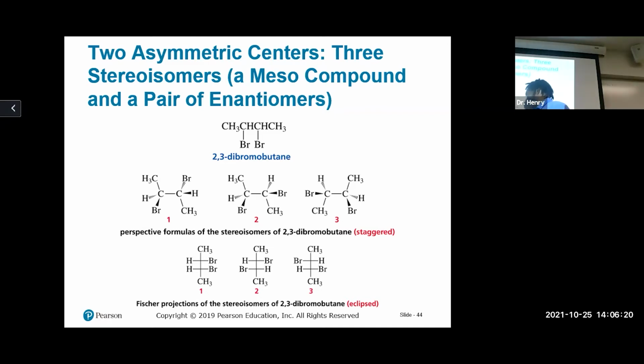For these two, this should be the correct set. Okay, so it's meso. These guys are the enantiomers. So we have a pair of enantiomers and a meso.